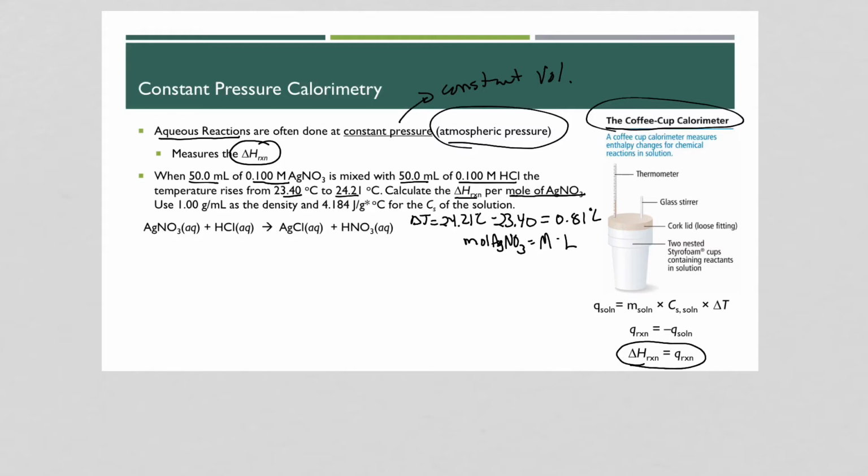Okay, so what do we know? We know that the molarity of our silver nitrate is 0.1. We know the volume is 50 milliliters.